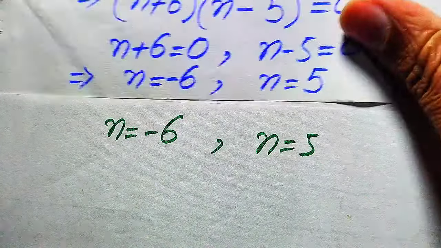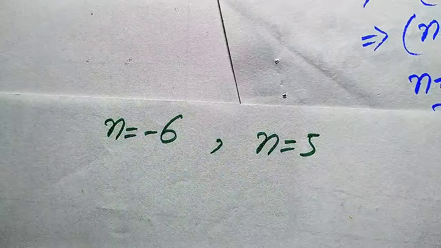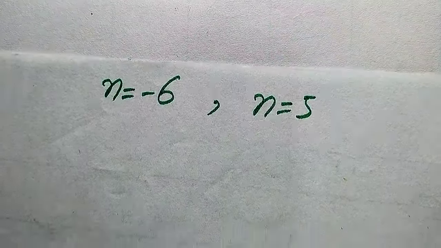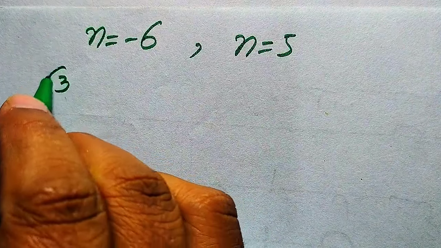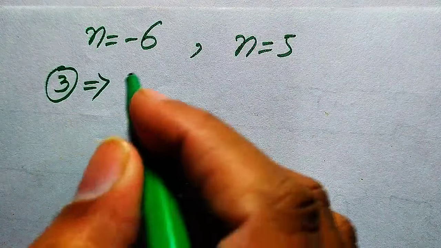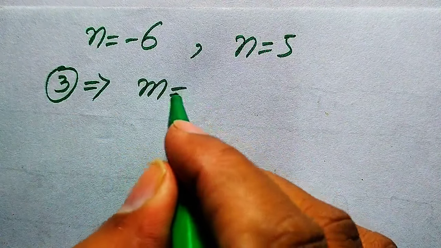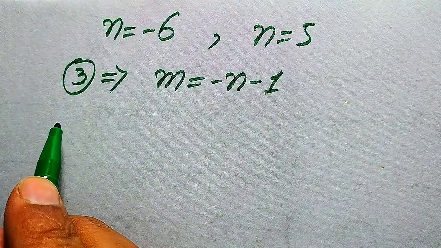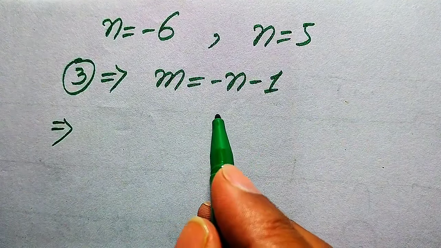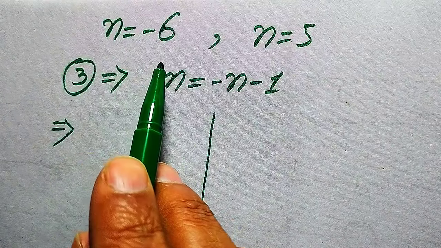So here we find the corresponding values of m. For the values of m, we copy down equation number 3, which implies that m equals -n minus 1. We substitute both of these values here. First we put n equals -6.